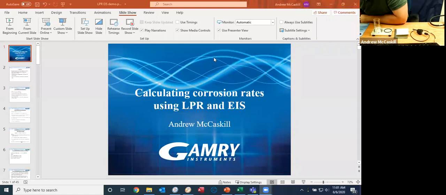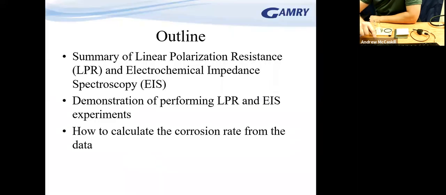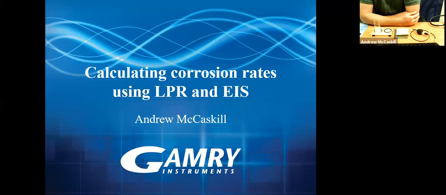Okay, hello everybody. As Chris said, my name is Andrew, and today I'm going to show you a live demonstration of performing polarization resistance, or linear polarization resistance, LPR, and EIS for calculating corrosion rates.